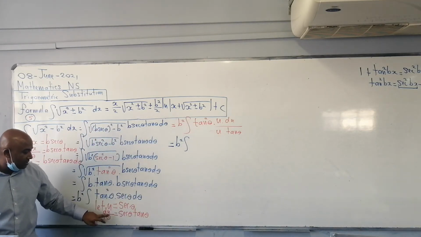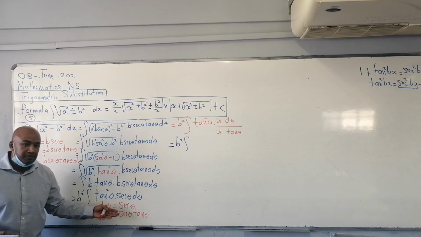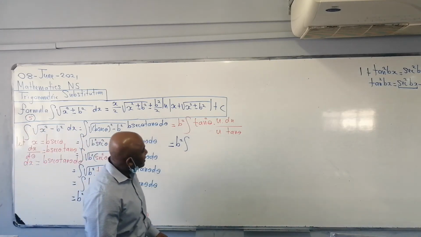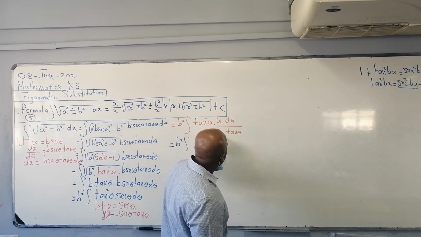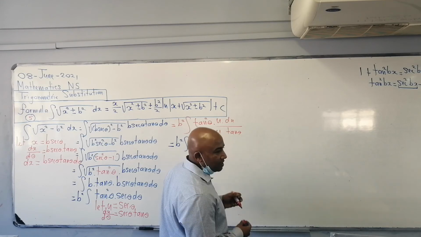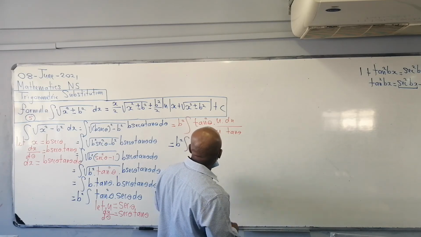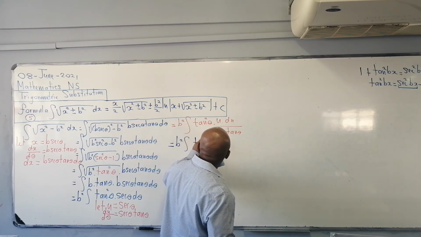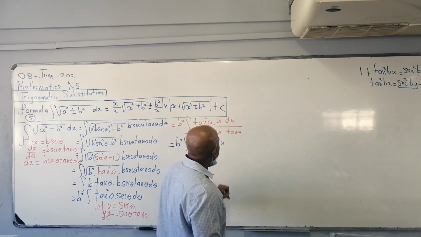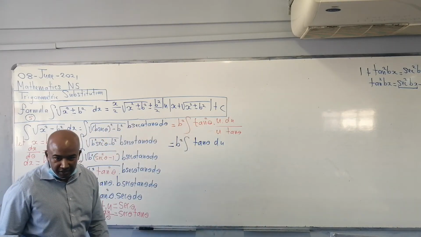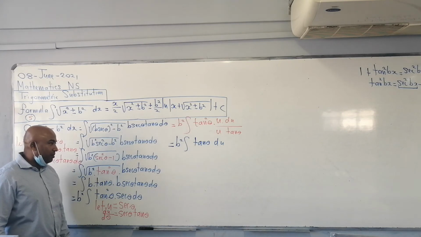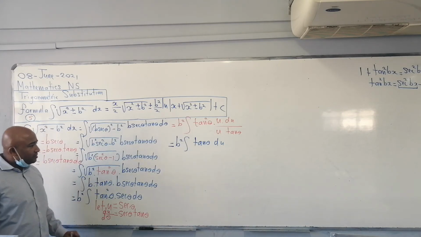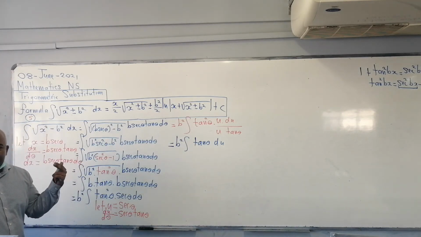So u and u cancel, tan cancels with tan squared, so you just end up with tan theta, but the problem is that this is du now. Can you see that? That is the problem. So it does not cancel perfectly.